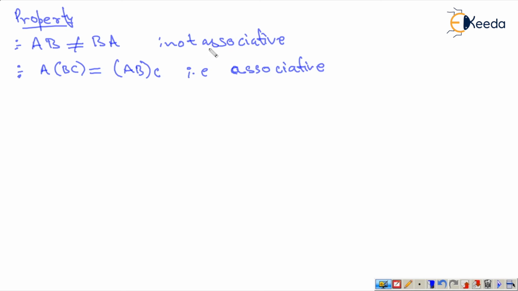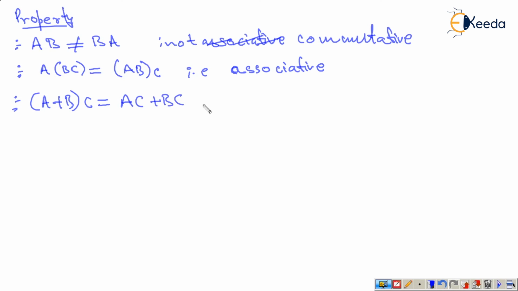This one was, I'm sorry, this was commutative. So AB and BA are not always the same, which is not commutative, whereas A(BC) and (AB)C, that is associative. Also, A plus B into C is AC plus BC. So this is distributive.